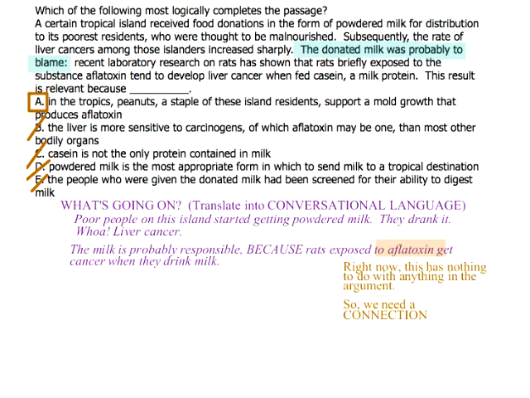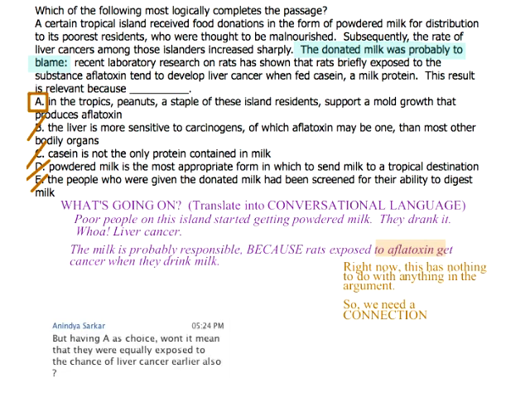Wouldn't it mean no? This question here, if you have A, doesn't that mean they were exposed to cancer earlier? No, because if you look at the evidence, it's not rats exposed to aflatoxin randomly develop cancer. It's rats exposed to aflatoxin develop cancer when they drink milk.